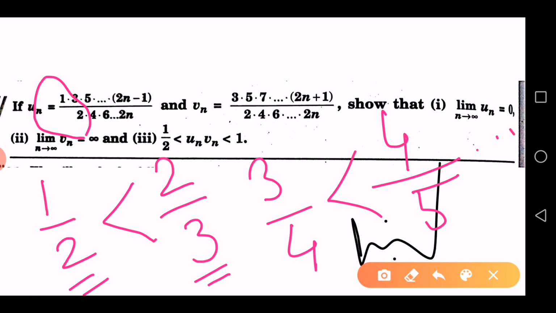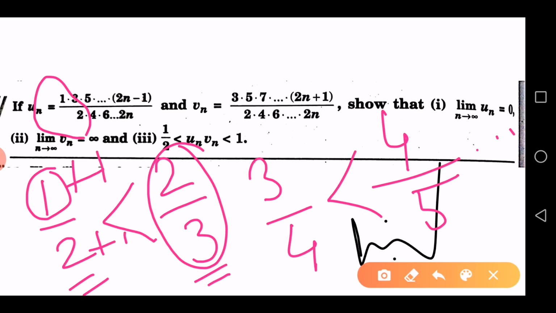So what we observe is, if the numerator is lesser, the resultant ratio will be greater if 1 is added to both numerator and denominator. 1 becomes 2 after adding 1, 2 becomes 3 after adding 1. As 1 is lesser than 2, the resultant ratio 2 by 3 becomes greater.